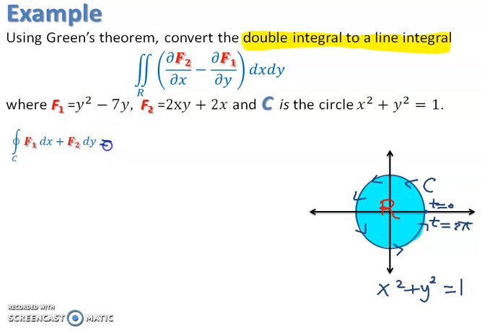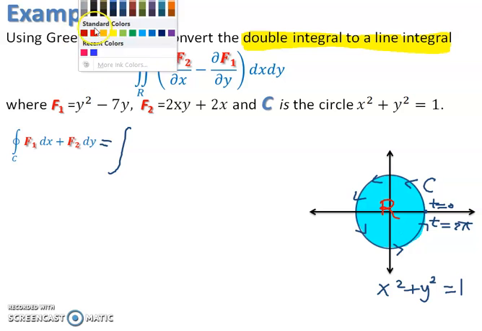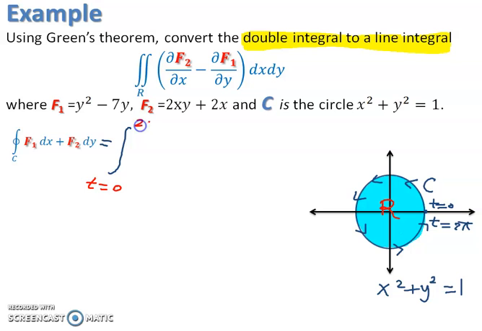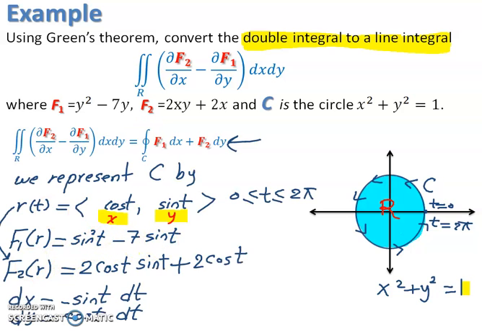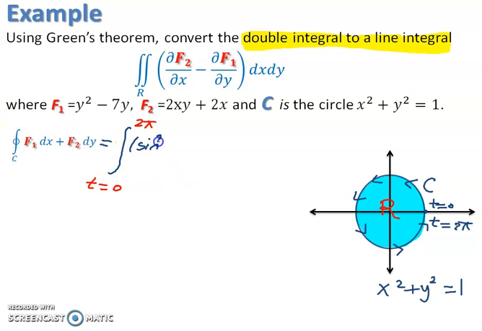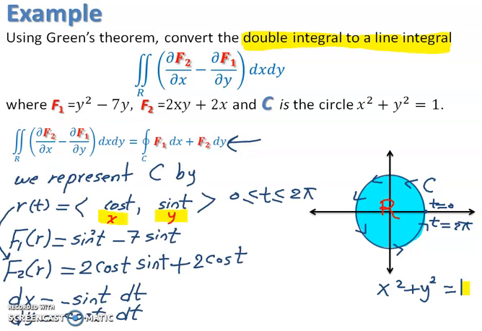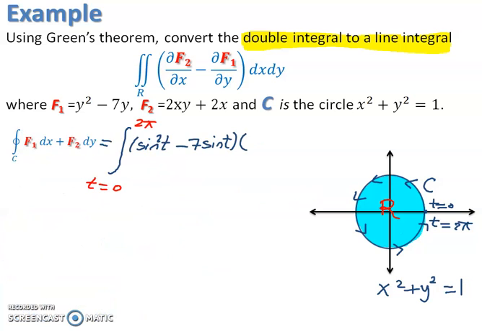So the line integral will equal an integration, t is from 0 to 2 pi. f1, we found it here. f1 is sine squared minus 7 sine, times the derivative of x, which is minus sine dt, plus f2, which is 2 cosine t sine t plus 2 cosine t, multiplied by the derivative of y, which is cosine t dt.